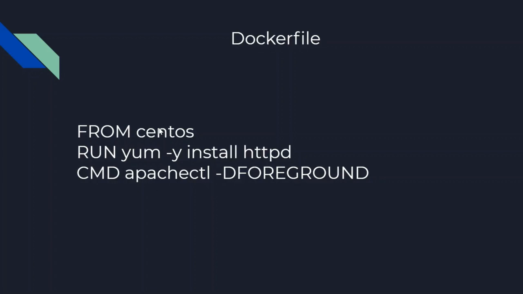So we just say, okay, please start from CentOS, then install these libraries. It could be all the libraries that you want. And finally, please use this command to start the service, because if you install a service, of course you need to start the process. You need to start the Apache process for you to be able to go to the browser and see your website. So this is the most basic notion of a Dockerfile.